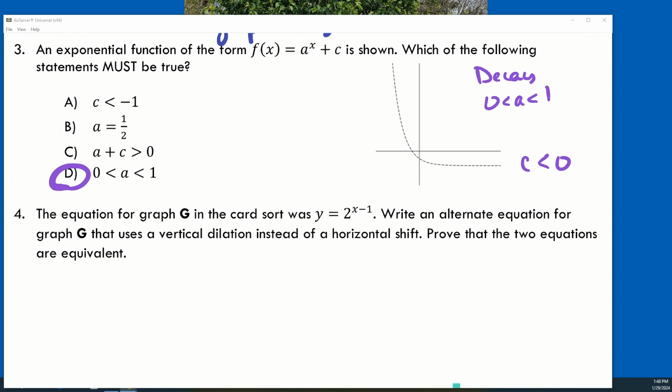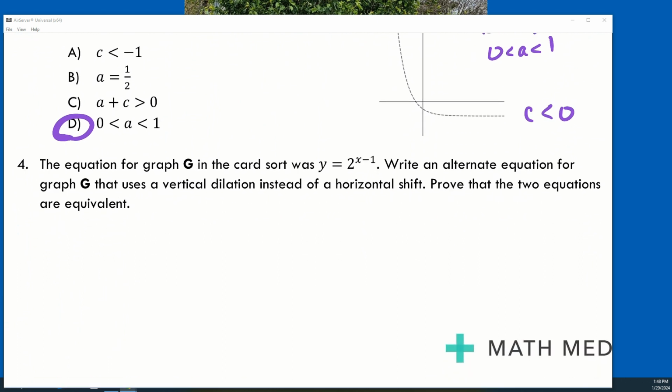Okay, and then number 4 is kind of like the last one we did on the other side. So back with your card sort, this is what G was. And we're going to write an alternate equation that instead of shifting right 1, is going to be some kind of vertical dilation or vertical stretch or shrink.